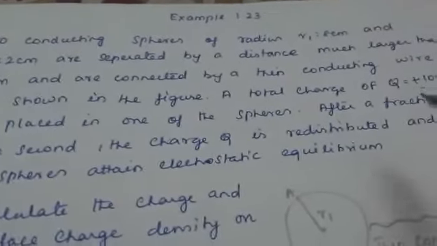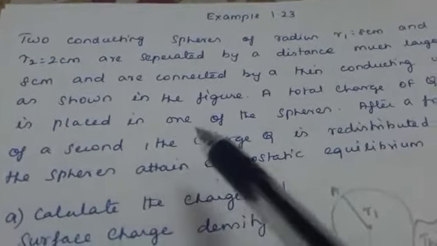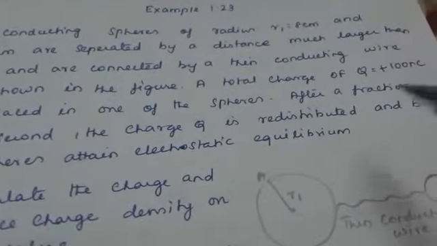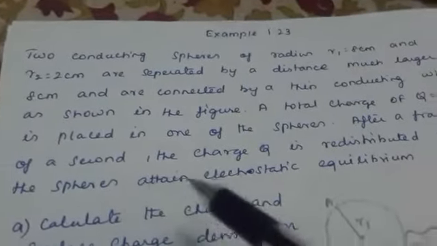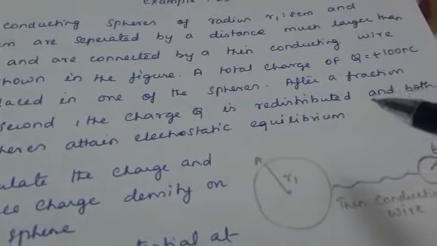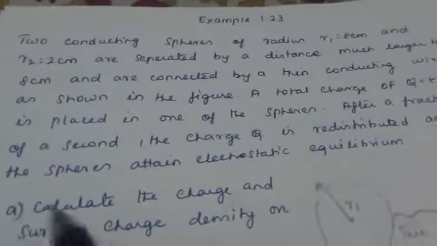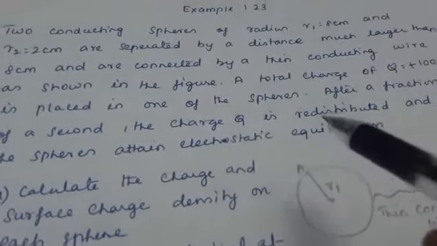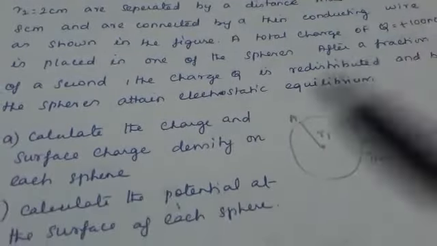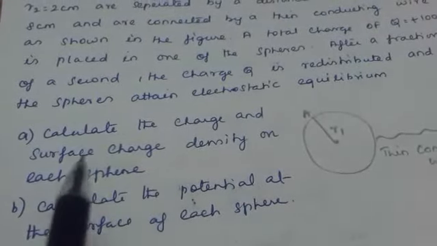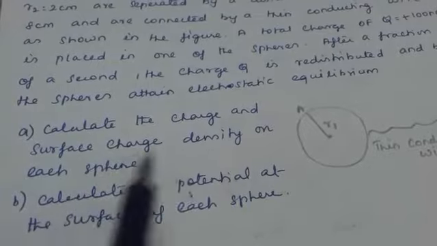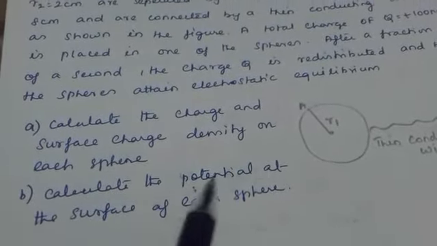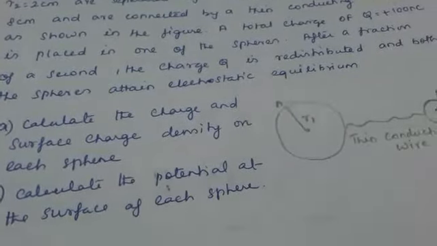A total charge of Q equal to 100 nanocoulomb is placed in one of the spheres. After a fraction of a second, the charge Q is redistributed and both the spheres attain electrostatic equilibrium. Calculate the charge and surface charge density on each sphere. Calculate the potential at the surface of each sphere.